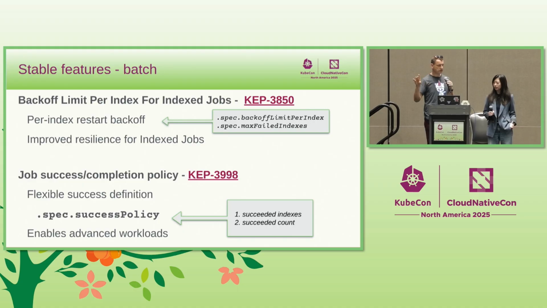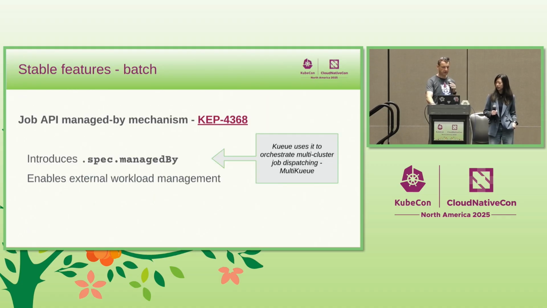And there was the field completions, which was meant to say, I want to reach this particular number of completions. But there are times when you want to complete ahead of time, or there are certain conditions by which you want to decide that the job can reach completion sooner than whatever is the end goal. And the job success completion policy allows you to have a little bit more control over the finishing, how the job ends.